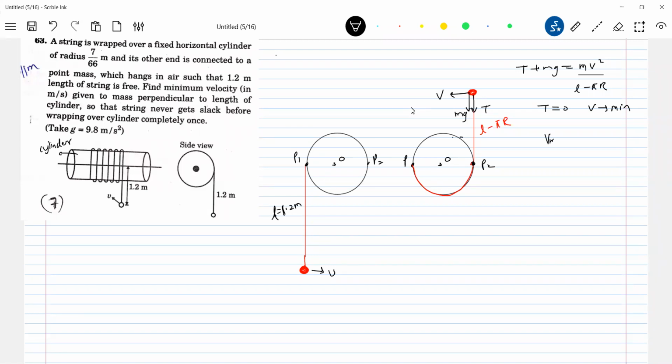So this V minimum square is equal to g into L minus pi r. Do you agree with this? If V is minimum, then the initial velocity we projected will be minimum. So I'll apply conservation of mechanical energy. m u minimum square by 2 is equal to mg into L plus L minus pi r plus m V minimum square by 2. Substitute V minimum square here. Solve for u minimum.